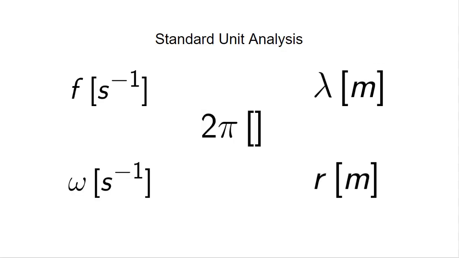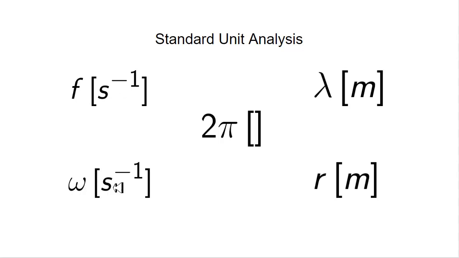So first we're going to talk about the difference between standard unit analysis and modified unit analysis. These are the terms that we will need to solve the tangential velocity problem. In standard unit analysis, frequency has the units of hertz, which is s to the -1, so the inverse of time, basically.